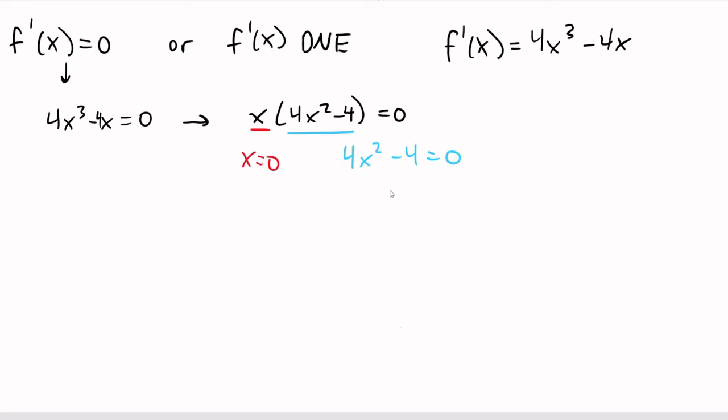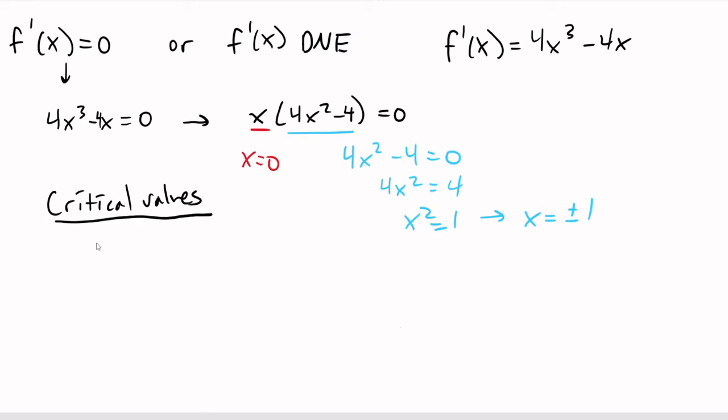You can factor or move stuff over, whatever you want, but you're going to end up getting 4x squared equals 4. x squared is 1, and so x equals plus or minus 1. Okay, so critical values. I've got 3 of them. Hey, look, this is a cubic. Hint, hint, wink, wink. So altogether, critical values, I've got x equals 0, 1, and negative 1.